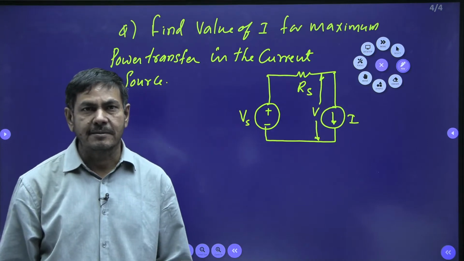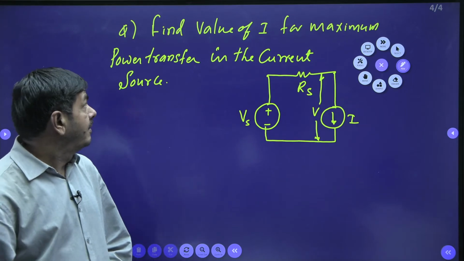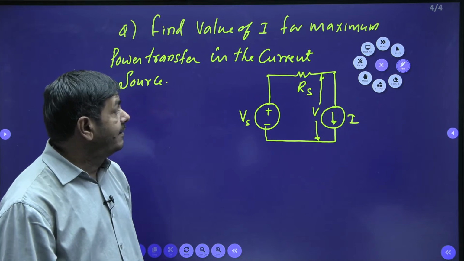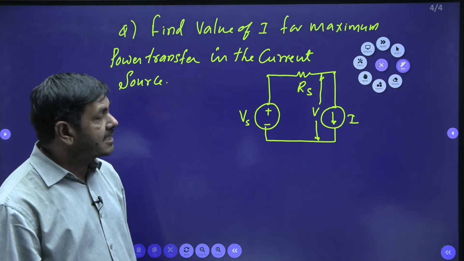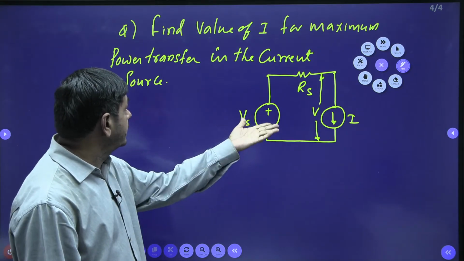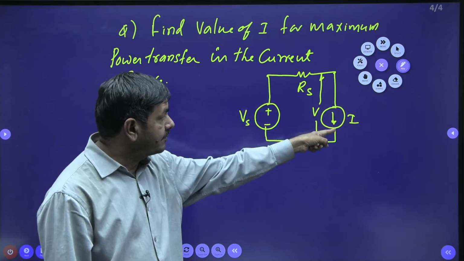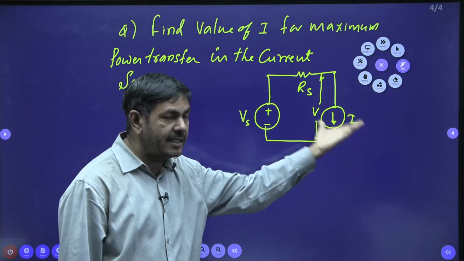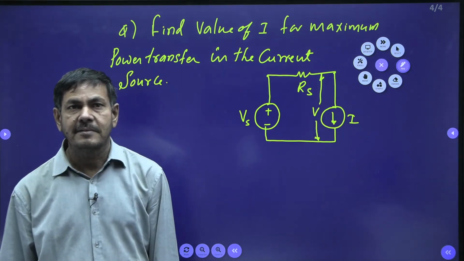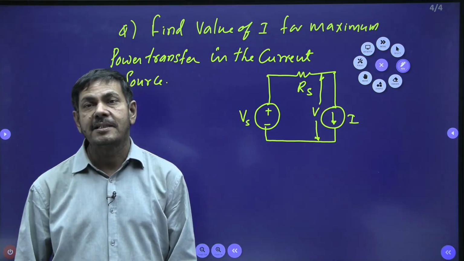This is one of the GATE questions. Anybody can complete this question without my help. What is asked? Find the value of I. At what condition? When maximum power is transferred to this current source, find the current I. That is the given problem. Please try to complete this question. I will give you some time. Let me see if any student completes this question.